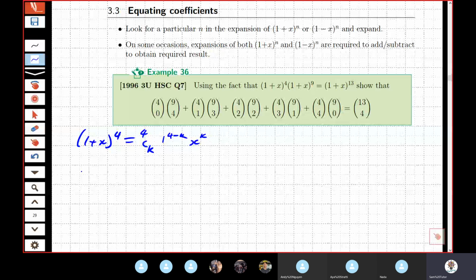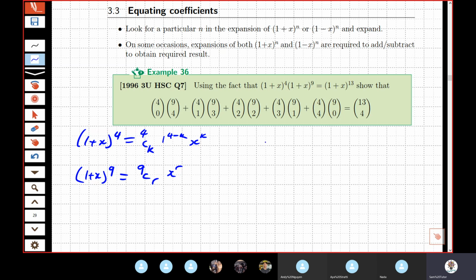Then we've got the same thing with the other one, (1 + x)^9, which becomes 9 choose r, x to the r. That's what I paused for, just trying to remember what it was. We okay with that?